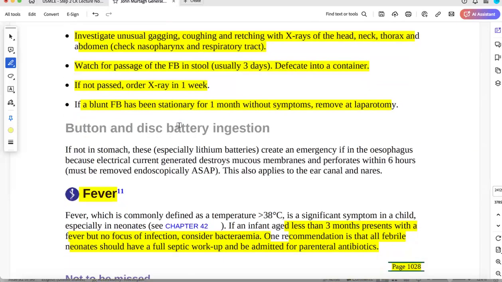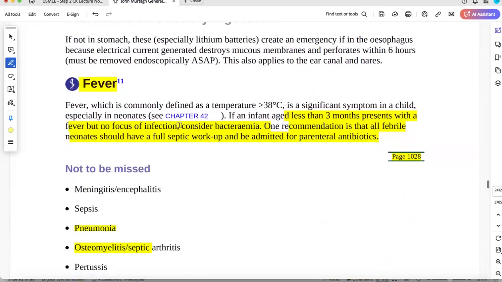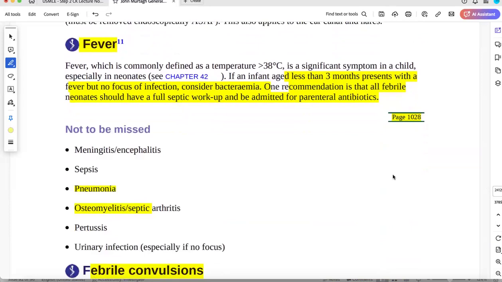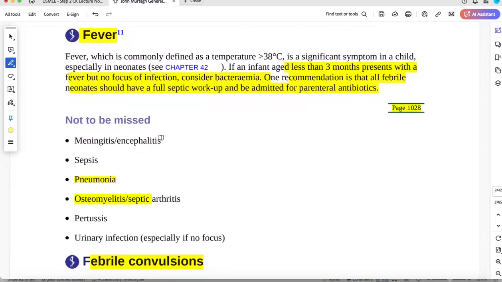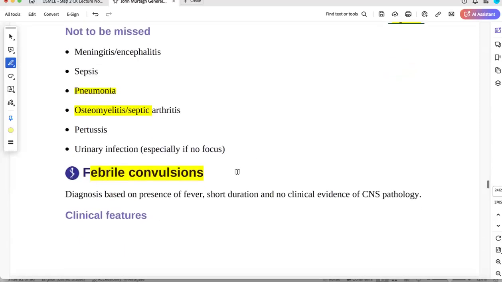And even after a month, if it is just not moving at all, then even without symptom, it has to be removed by laparotomy. And Dr. Midhat, the guideline, we discussed that in our question solve tips and tricks class, with a little bit more discussion about how to manage the high-risk foreign bodies. So please go through that class if you have missed it.